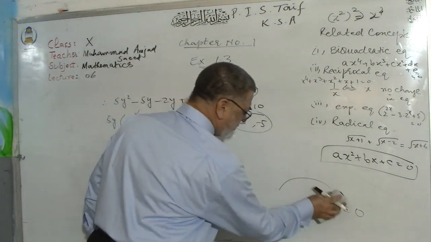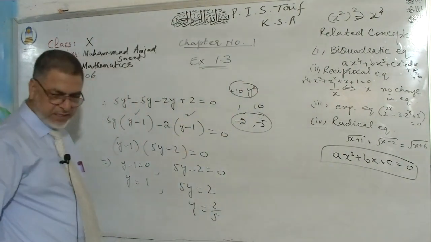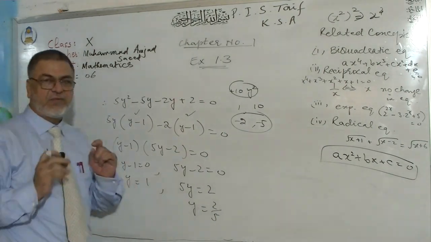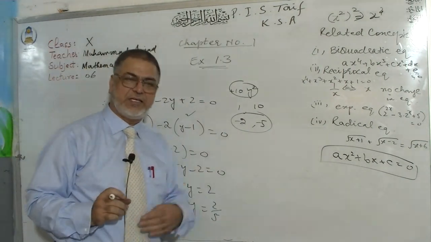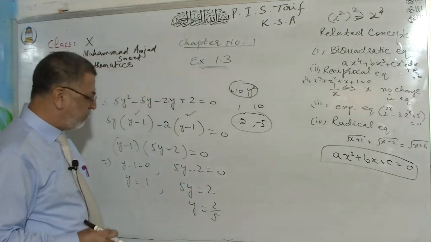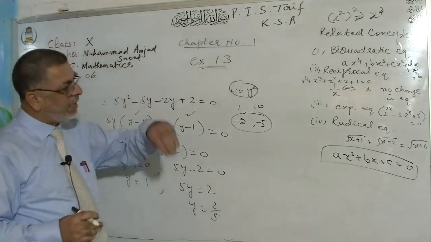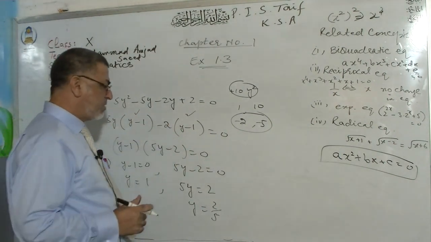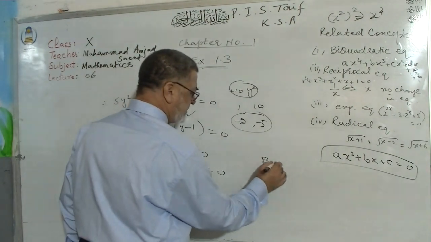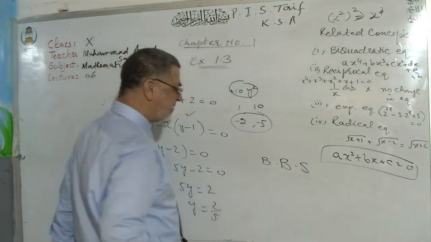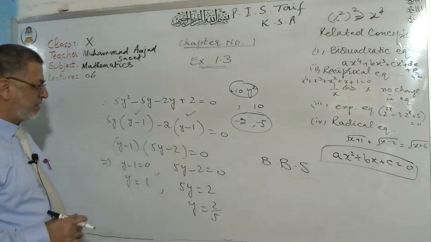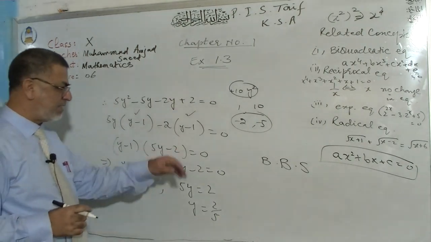So dear students, you have seen that we got the value of y, but our basic equation was in the variable x. So you have to convert it again into the value of x. By backward substitution, I am writing down directly now. Last time I had written it completely, but all the time you are not writing this.